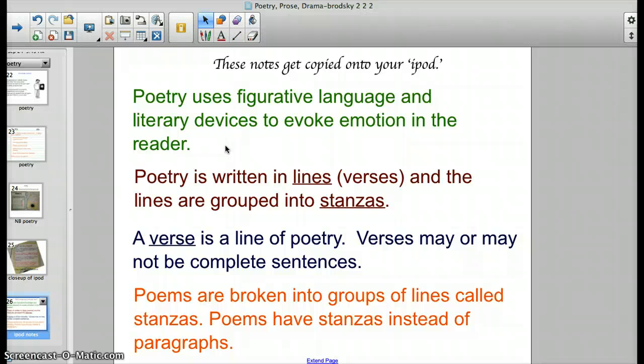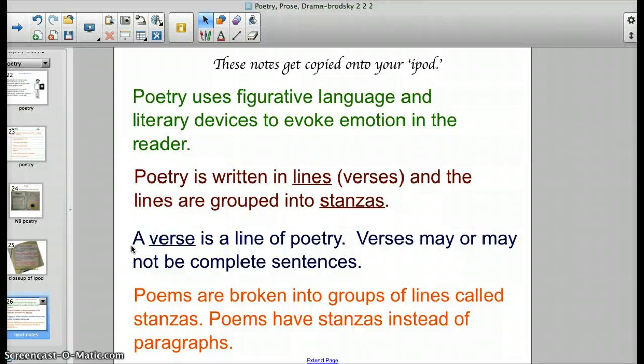As I was saying earlier, poetry is written in lines and verses, and the lines are grouped into stanzas. It's different than the prose we talked about yesterday, where we had paragraphs and things like that. Here they're grouped into stanzas. So it's new vocabulary that you're going to use. A verse is a line of poetry.